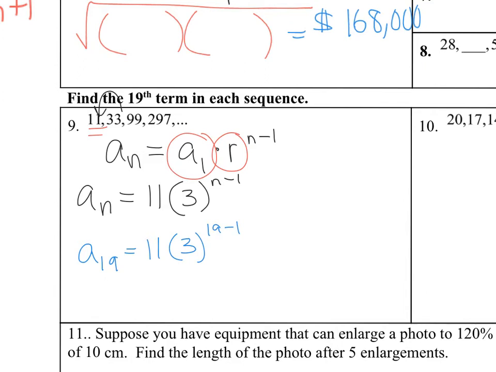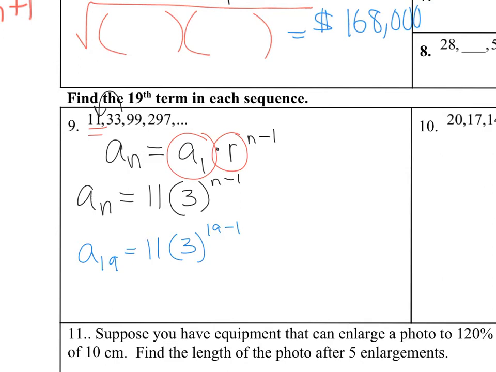In your calculator, I see people mess up by not putting this in parentheses. Just make sure that 19 minus 1 is your exponent, or just make sure you use 18. I've seen people put all this in their calculator and then at the end put minus 1 that's not being exponentiated, and that's where you can get a number that's off. So just be careful.